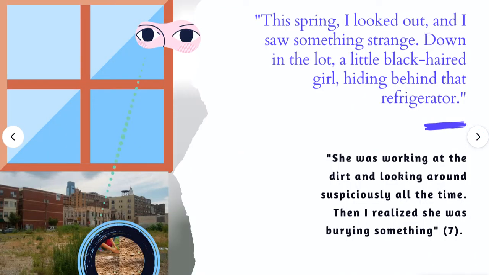This spring, I looked out and I saw something strange. Down in the lot, a little black-haired girl hiding behind that refrigerator. She was working at the dirt and looking around suspiciously all the time. Then I realized she was burying something.